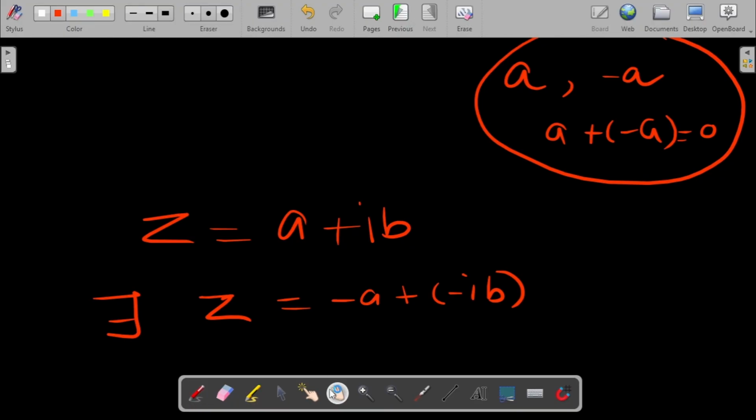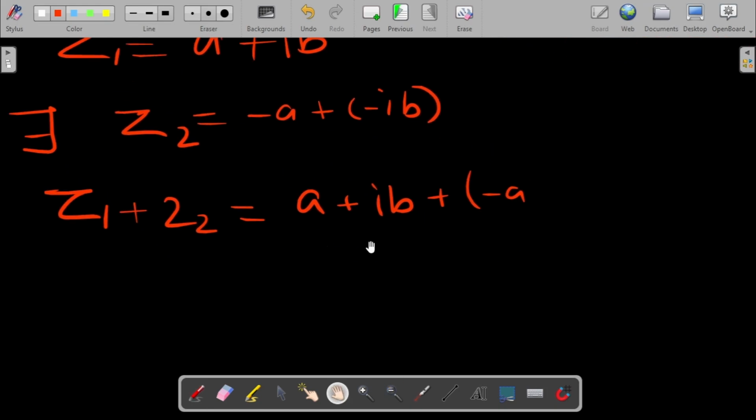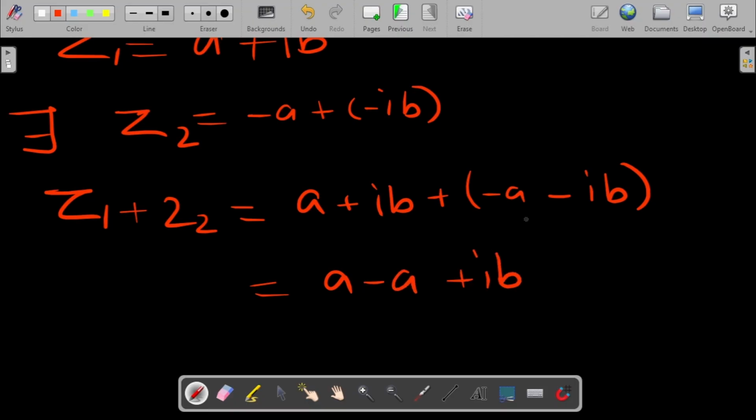Let this be z1 and this be z2. So z1 plus z2 equals a plus ib plus minus a minus ib. Now a minus a gives 0, and ib minus ib also gives 0, so i times 0 is also 0.